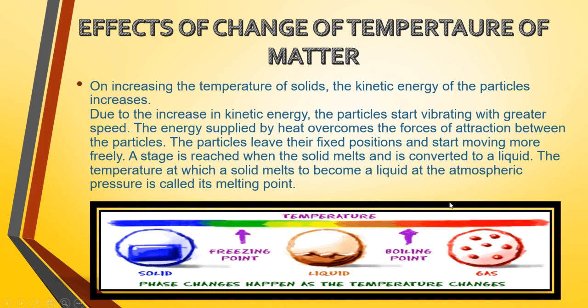And when liquid is converted to gas, the temperature is known as the boiling point. When solid is being converted to liquid, the point is known as the melting point.